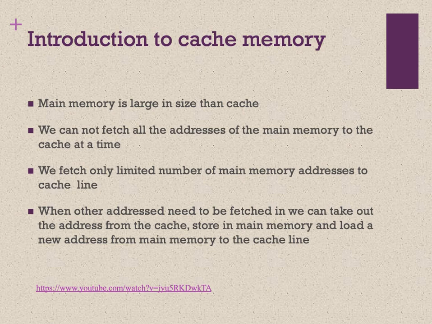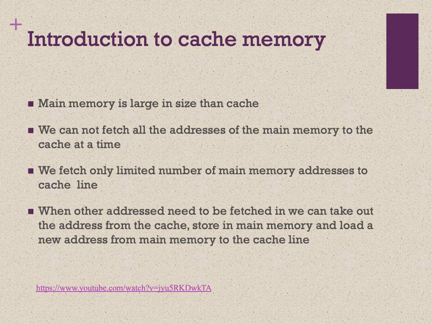So we cannot load the whole data, like 6 GB. Let's assume that we have 6 GB RAM and 1 GB cache. We cannot fit this 6 GB RAM into 1 GB. We need some mechanism. How do we load data from RAM, and how do we make space in the cache so we move data to the RAM?